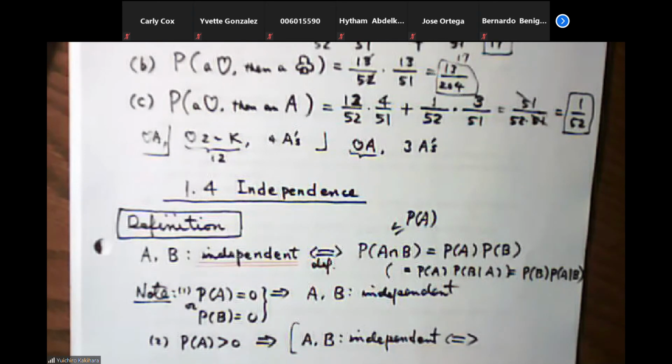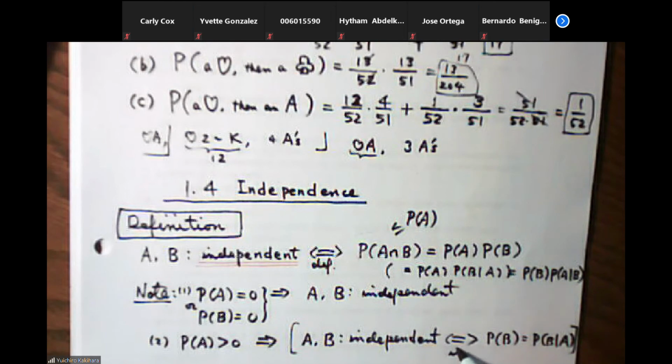So A and B are independent when P of B is equal to P of B conditioned by A. Do you agree with this?